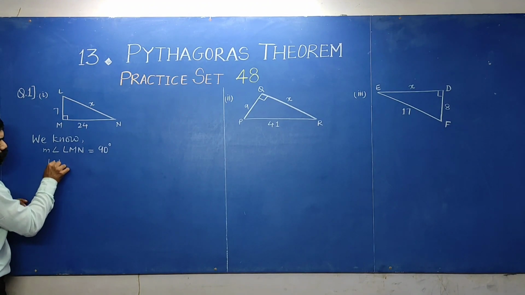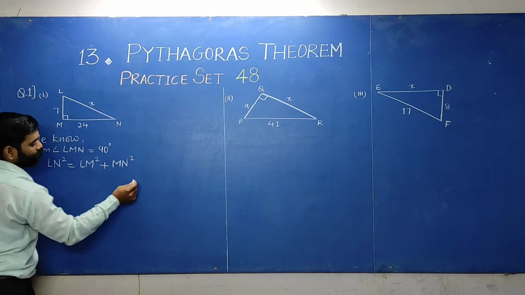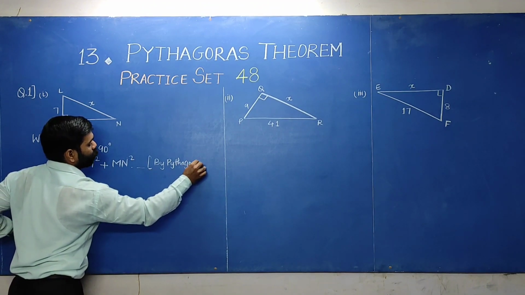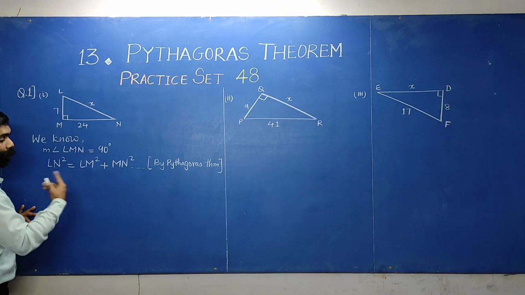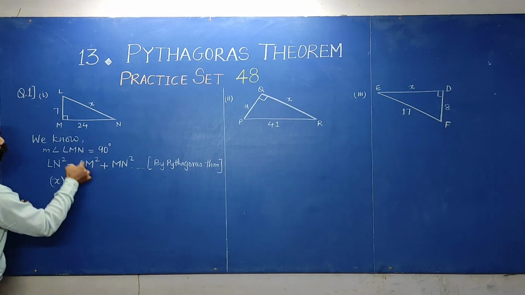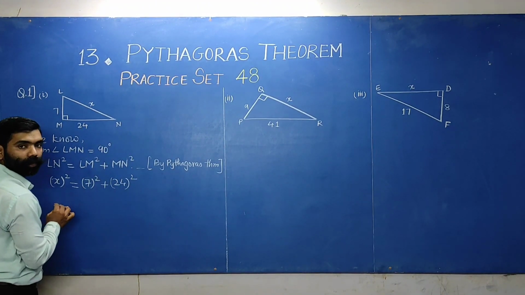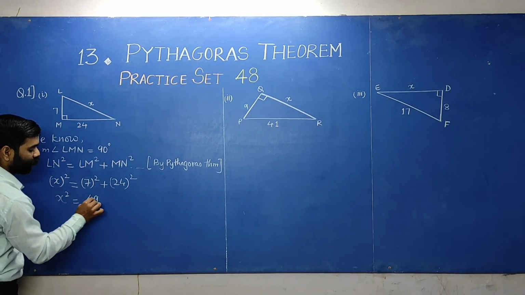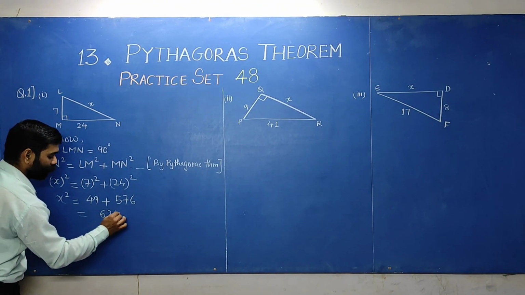Here LN square is equal to LM square plus MN square, by Pythagoras theorem. x square is x square, 7 square is 49, 24 square is 576. 49 plus 576 is 625.